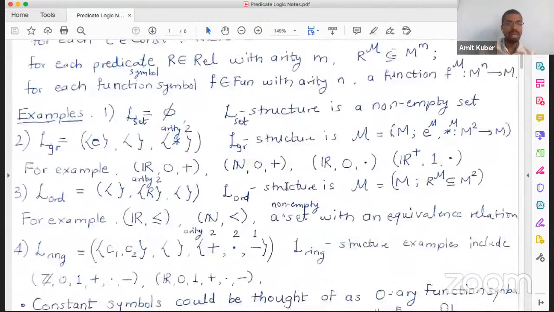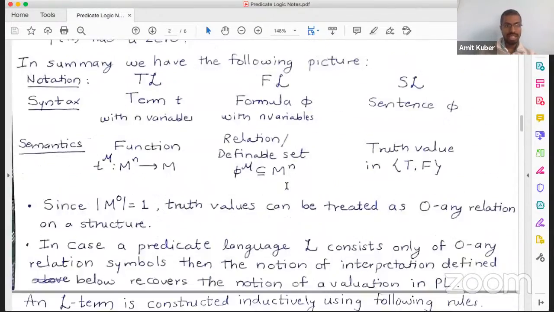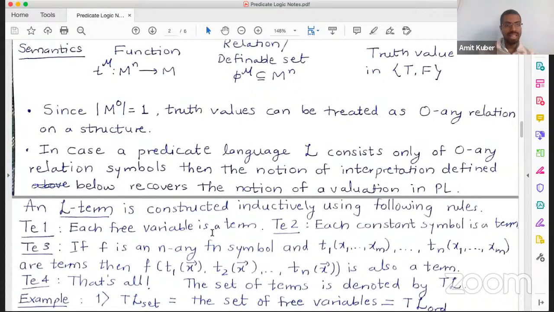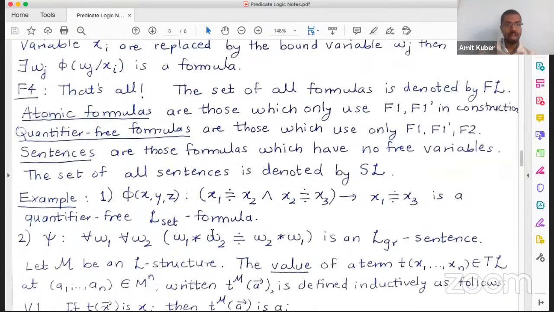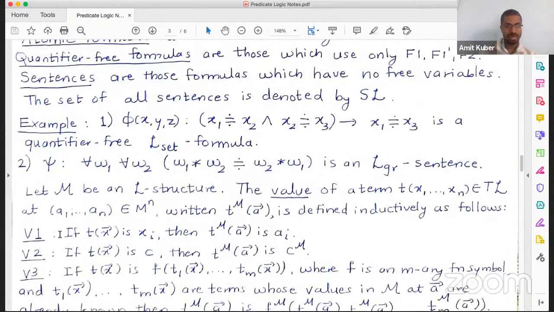Whereas if you need some interpretation for, let's say, terms, then that is the valuation. The interpretation of a term is a function. So interpretation is a general term associated to the semantic counterpart of the syntactic thing that we have defined. If the syntactic object is a symbol in the language, then the interpretation is defined in a particular way. If it is a term constructed out of those symbols, then the interpretation is the value of that term.